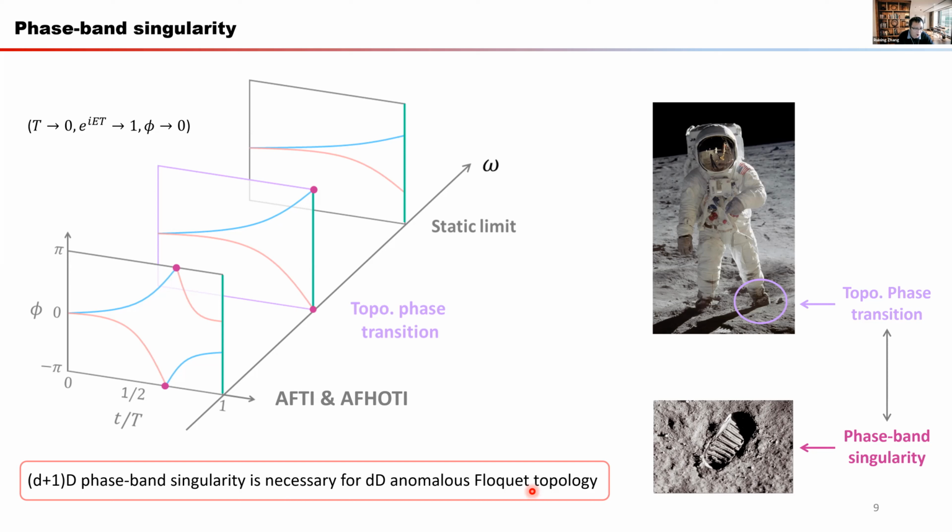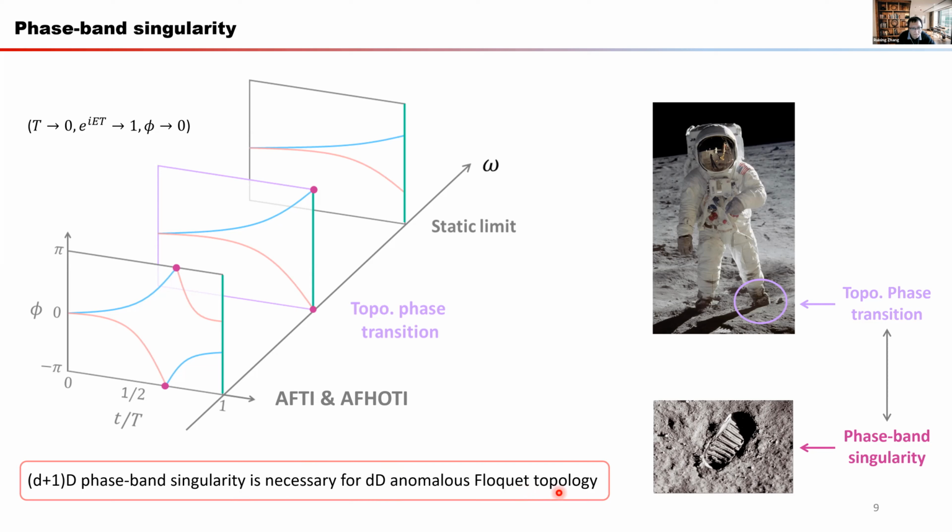We want to classify all possible singularities that can live in the phase band. That's the first step. Then we have to figure out what kind of singularity can actually correspond to interesting boundary features. Then we quotient out those boring singularities that have no boundary consequence.